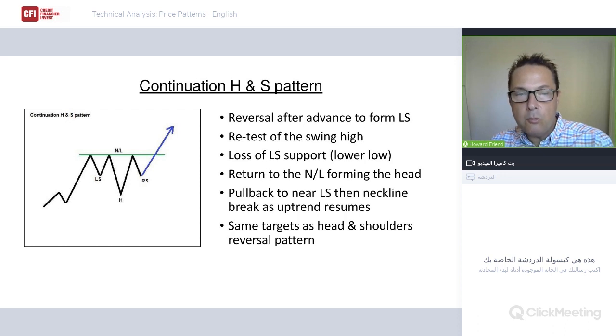So psychologically, what we have is a situation where, on the break of this left shoulder here, everyone goes short, then the market bounces back. We're expecting new supply to come in here within a downtrend, but it doesn't. So the market breaks up here. All of the sellers here are now trapped. So they'll be looking to get out on the approach to this neckline should the market come back.